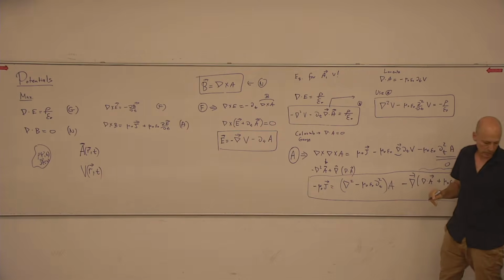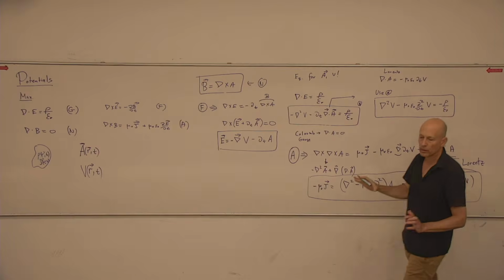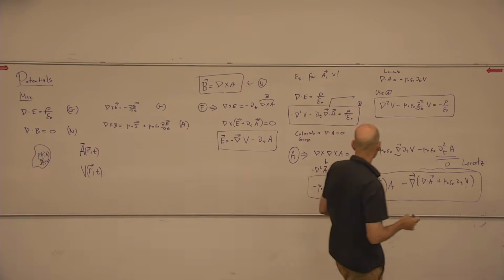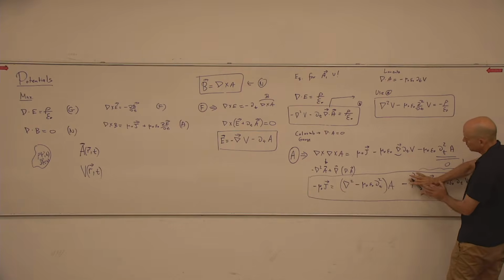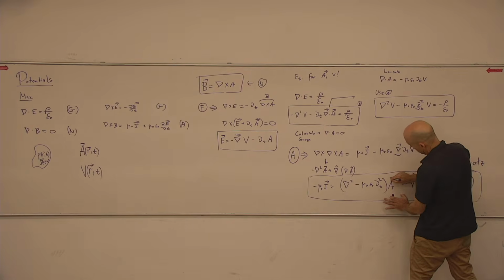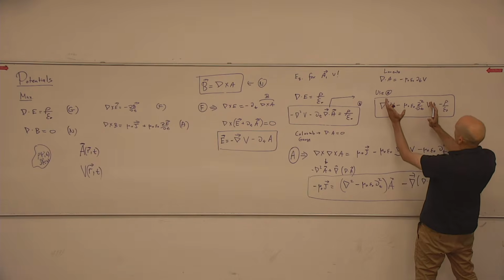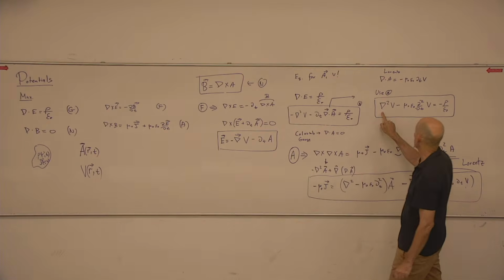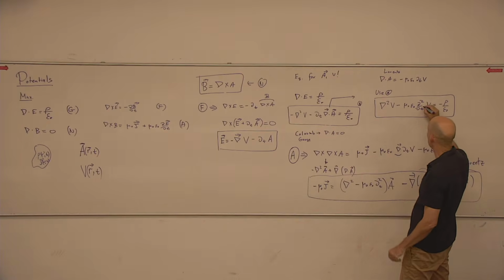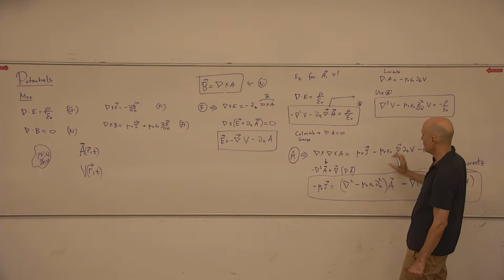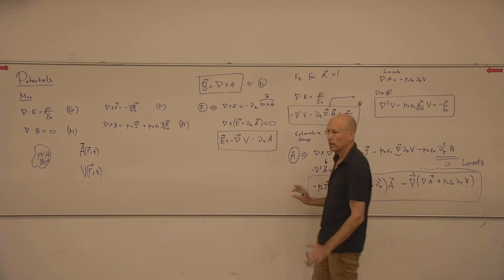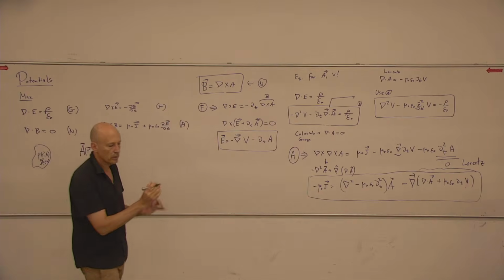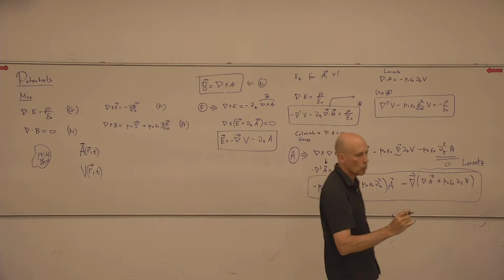Now even though we didn't solve anything yet, from an aesthetic point of view, this is nice, because you see this equation, where this is 0 for A, and this equation for V actually have the same structure, because both of them have the Laplacian and the second derivative with respect to time, here of a scalar, and here of A. And when you think about it, the vector A has three components: Ax, Ay, Az.